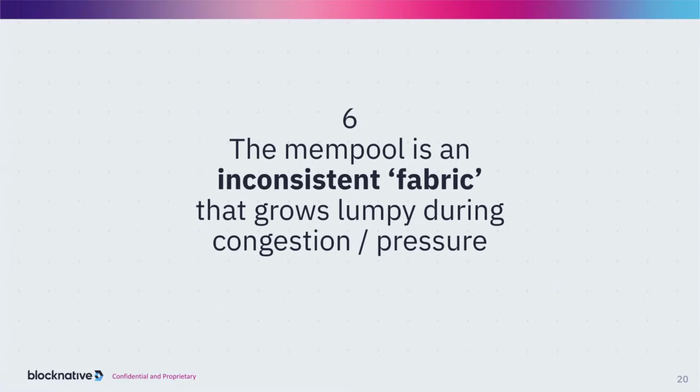So any one node might start to have less and less representative, census level view of the entire network during periods of high congestion, which sucks because that's usually when we need to know the most about what's going on with our transactions, right? Because they're slow, gas prices are high, there's money moving around really quickly, and now you don't know exactly what is happening in the mempool. So very tricky to figure out.